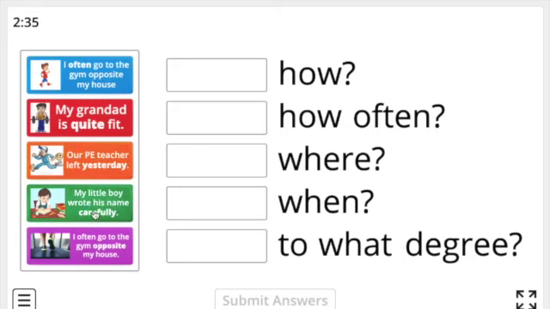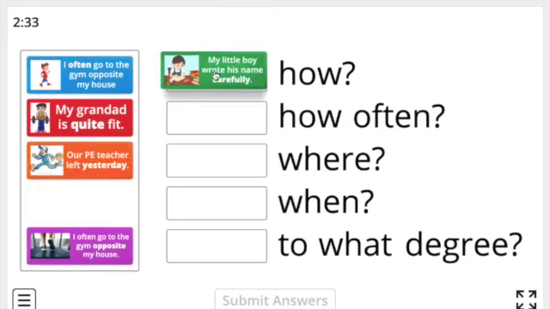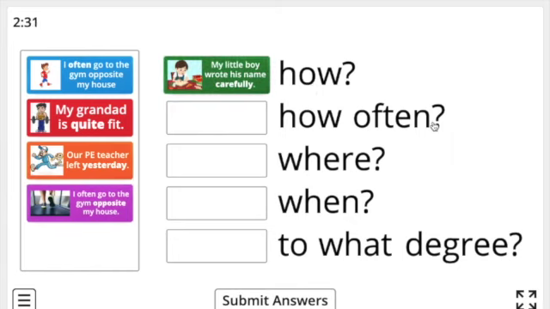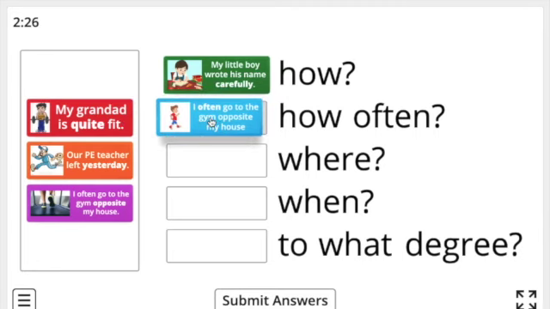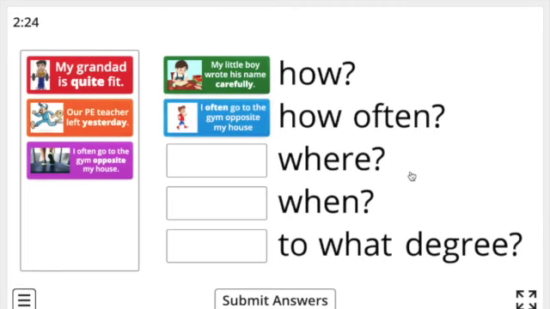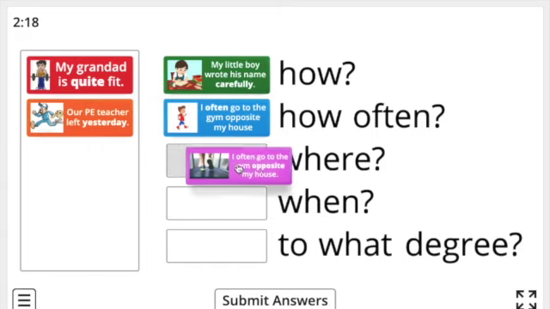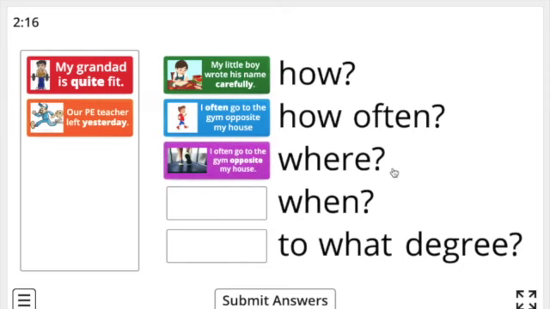My little boy wrote his name carefully. Okay, how about how often? Yes, I often go to the gym opposite my house. Where? I often go to the gym opposite. Okay, the bold word is opposite here, my house.